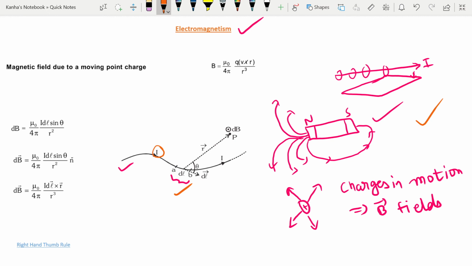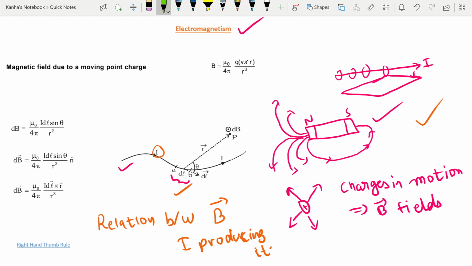So Biot-Savart's law is basically a relation between the magnetic field produced and the current producing it. We'll just quickly summarize the results here.